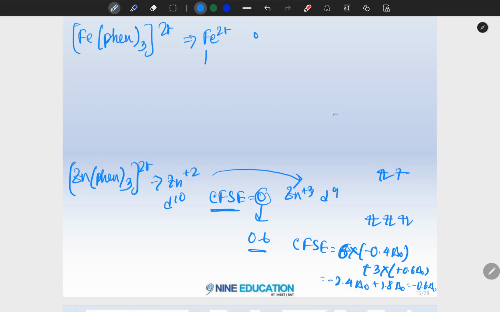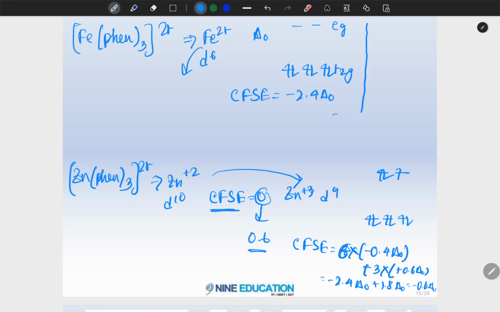Fe is present in the +2 oxidation state, so d6. For a d6 low spin complex, this will be the arrangement of the electrons in the orbitals. This is the t2g set and this one is eg. So 1 2 3 4 5 6. So again the value of CFSE will be minus 2.4 Δo. You have to ignore the pairing energy in each of the cases, as mentioned in the question.